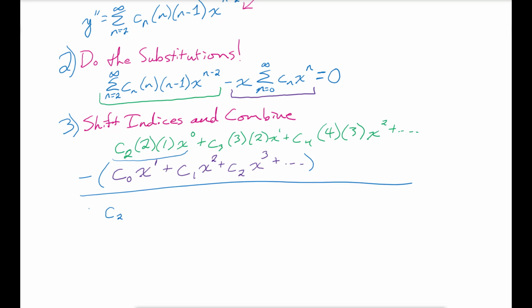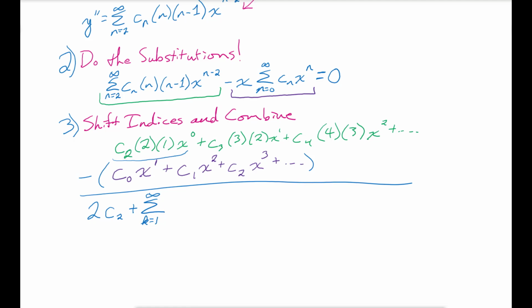So times 2, so I'll have 2 c sub 2 plus, and now everything has an x to the first power. So I'm going to be taking a sum. It makes sense to start at some k equals 1 value, since that's the power on x. And I'll of course be going to infinity since it's a power series.